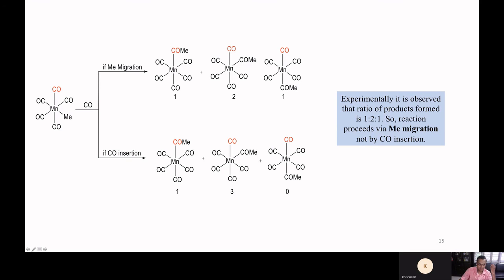And opposite to this labeled CO, if CO insertion is happening, you will never get this complex. What I'm asking you is to look back at this slide and try to see if you can justify this formation. In the next class, I will discuss again.